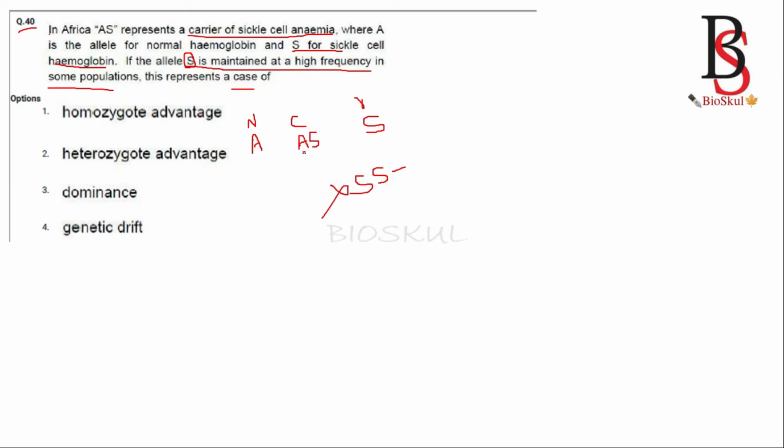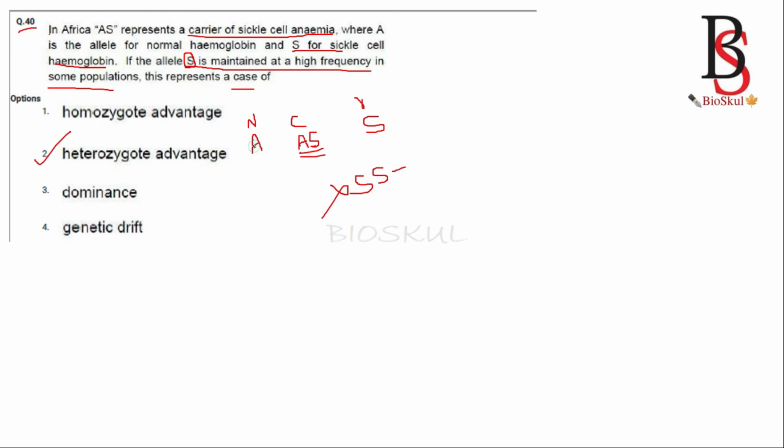It will be present in the heterozygous form, so there will not be sickle cell disease, and also there will not be malaria, and that will be maintained in high frequency in the African population. So the correct answer is heterozygote advantage.